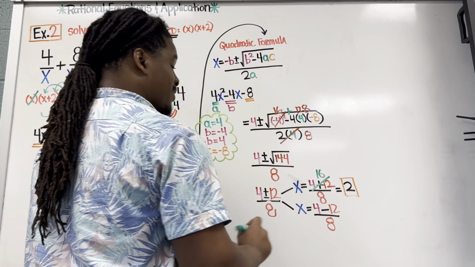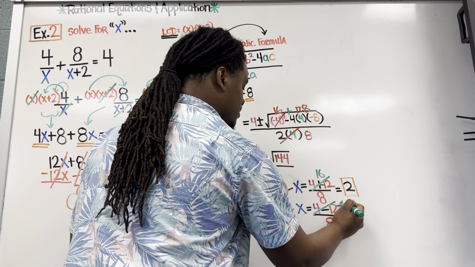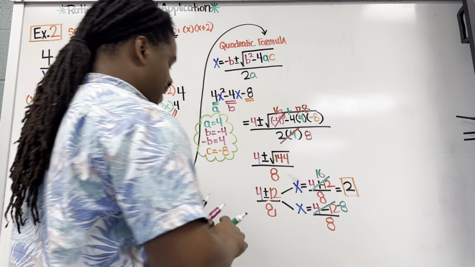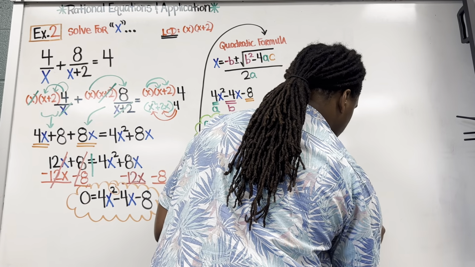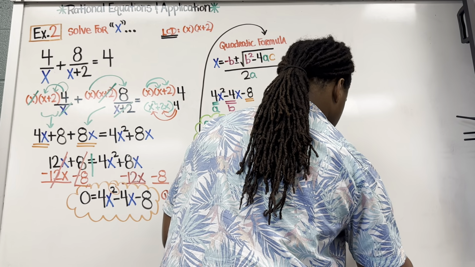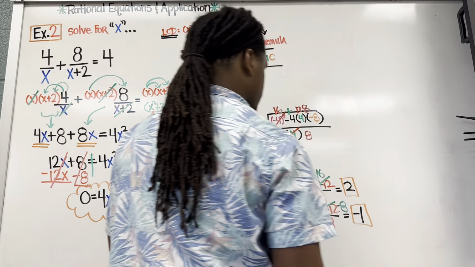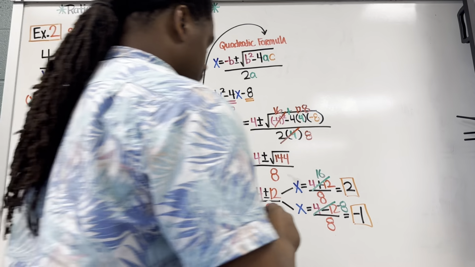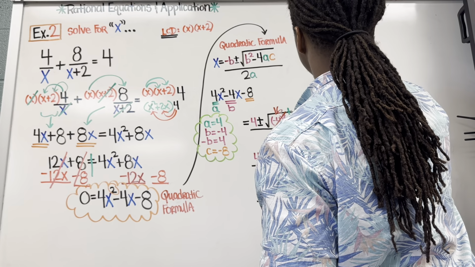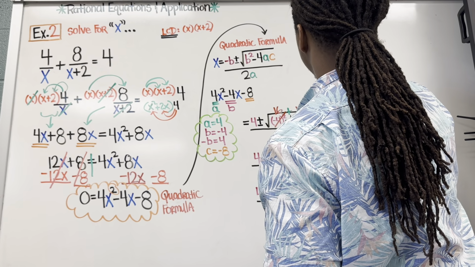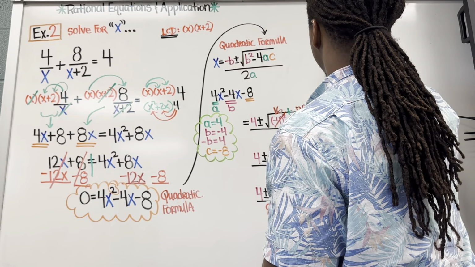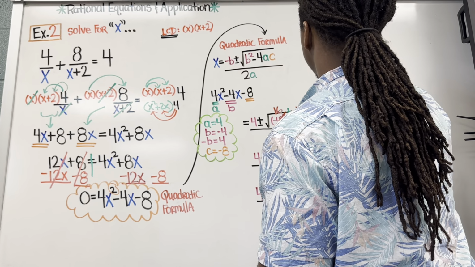Now, 4 minus 12 is actually negative 8, and negative 8 divided by a positive 8 is a negative 1. Okay? So, the possible values of x is x can equal 2 and x can equal negative 1 in order for this particular equation to be true. So x can equal 2 and x can equal negative 1.